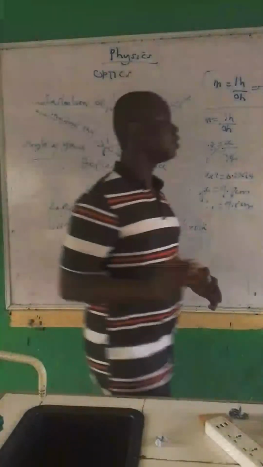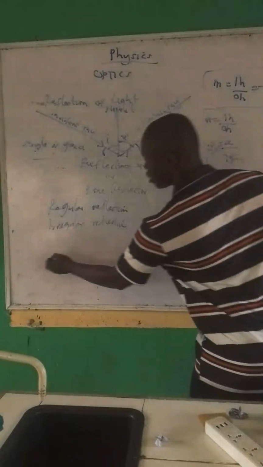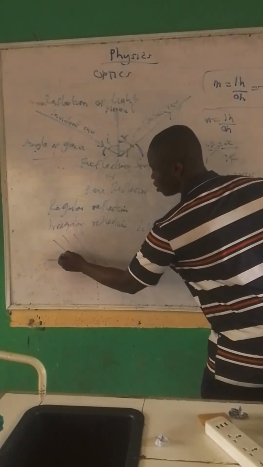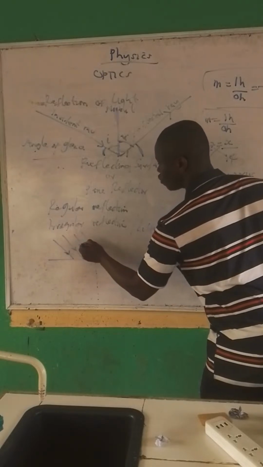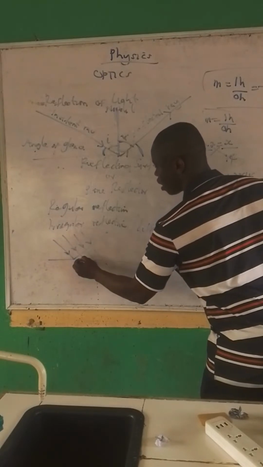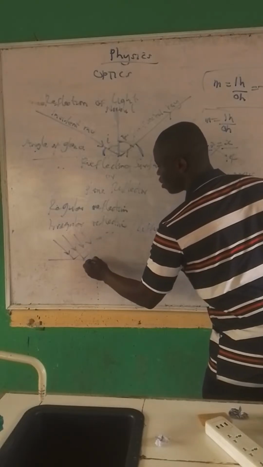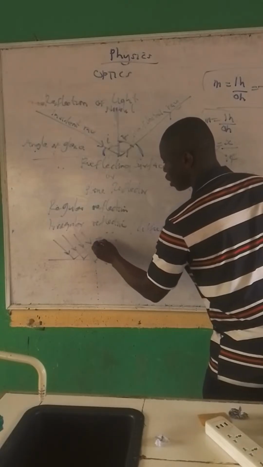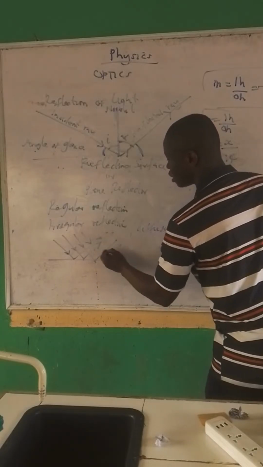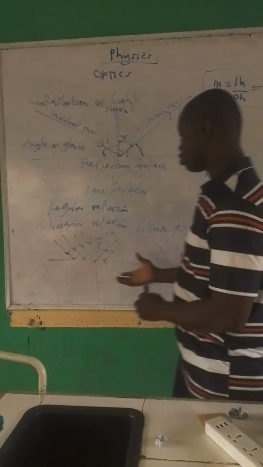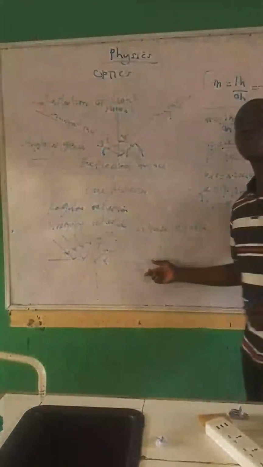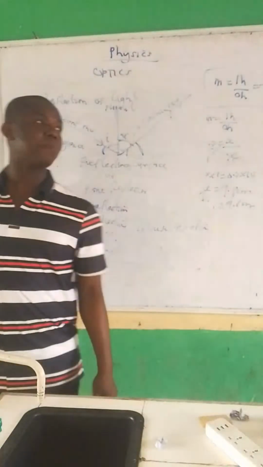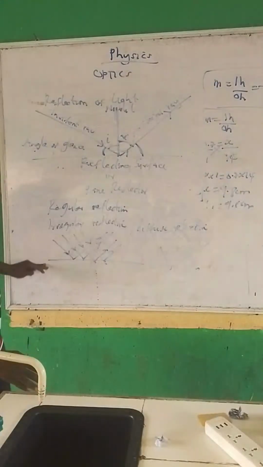You have a parallel beam of light that approaches it, and after reflection, all of them reflect at the same angle like this, so that the reflected rays are parallel to one another. This is an example of regular reflection, and it occurs when a parallel beam is incident on a smooth surface.